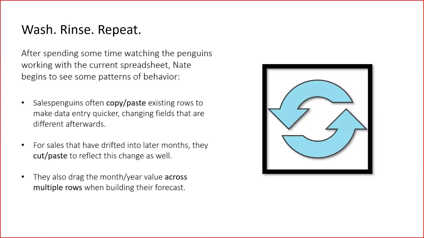After spending some time watching the penguins work with the spreadsheet, he starts to notice some patterns. For example, the sales team often cut or copy and then paste the existing rows to make their data entry quicker. And they regularly drag the month and year value across multiple rows when building their forecast.